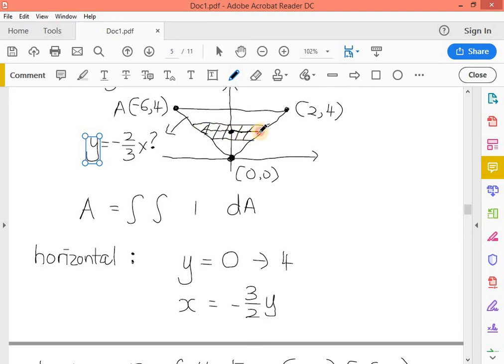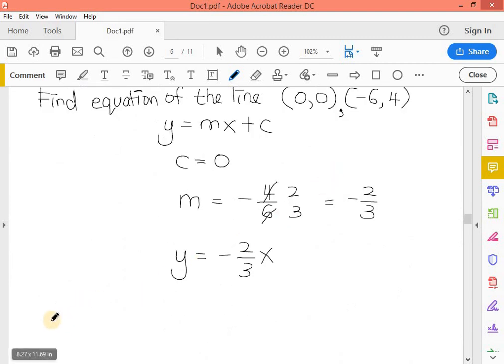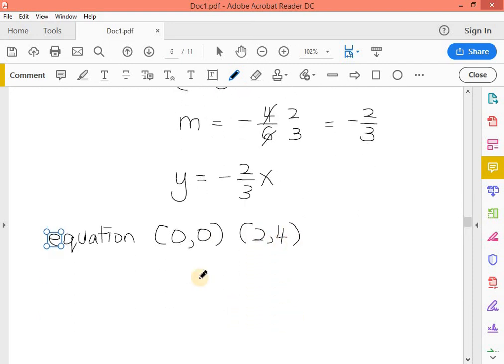What will happen if I move to the right hand side? I will see another line, am I right? Can you find the equation for this line? From 0, 0 to 2, 4. So y equals mx plus c again.